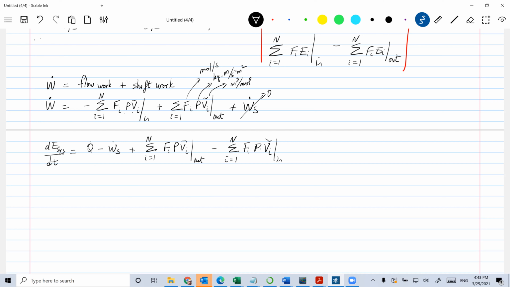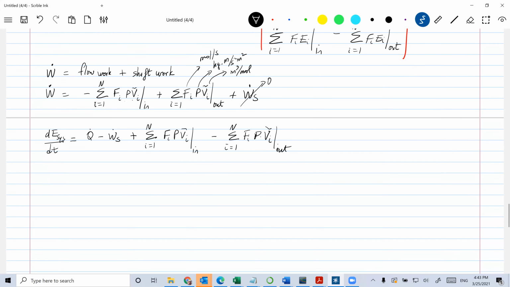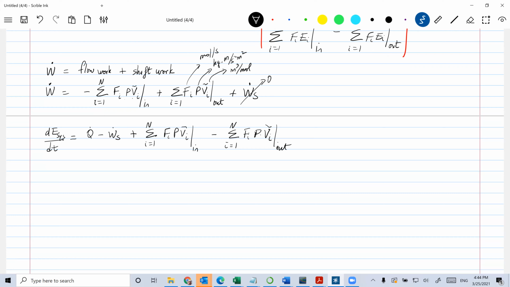No, I switched the signs. Oh, maybe what I should do is this instead. Yeah, that's what I should do instead, because there's a minus sign in front. Okay, got it.